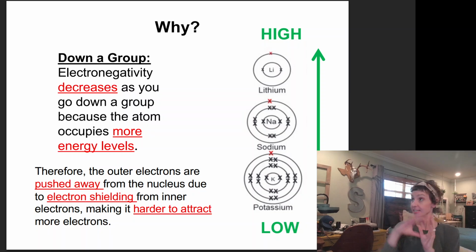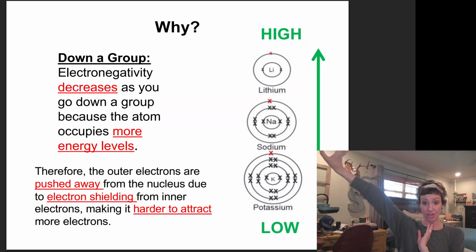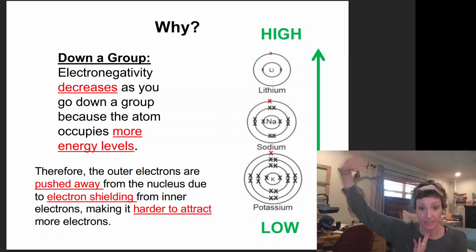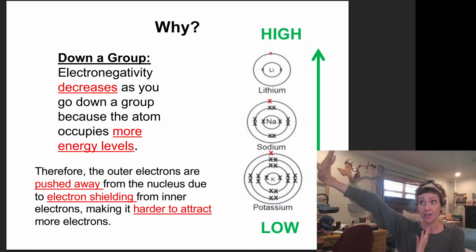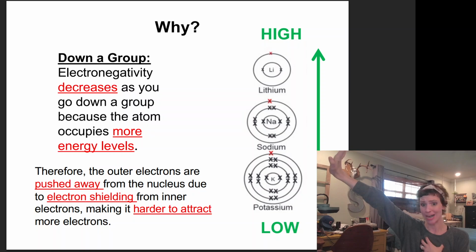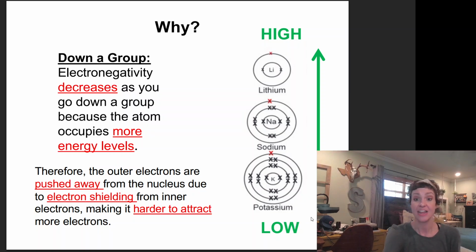If my nucleus is so far away from that valence shell where any incoming electrons are going to fill into, that nuclear pull is trying his best, but he's not going to be very effective if my energy levels are really far away. So that's why electronegativity decreases as I go down that group. That nuclear charge is just like, bye guys, I do not care anymore about you guys. Y'all are far away.